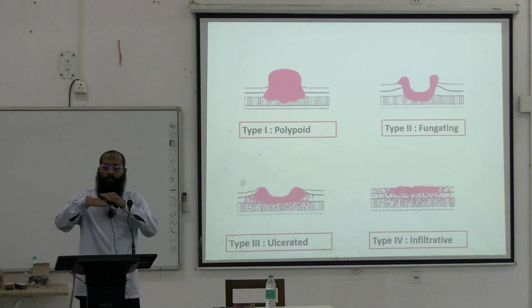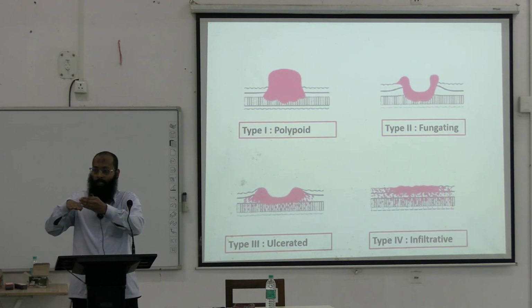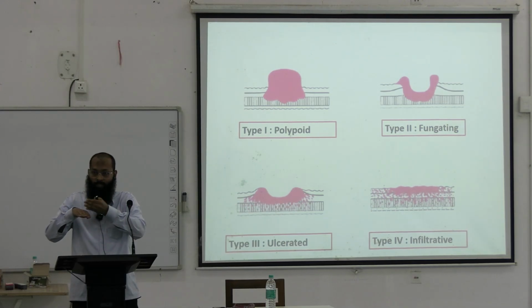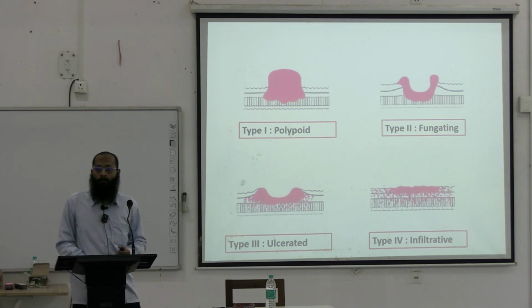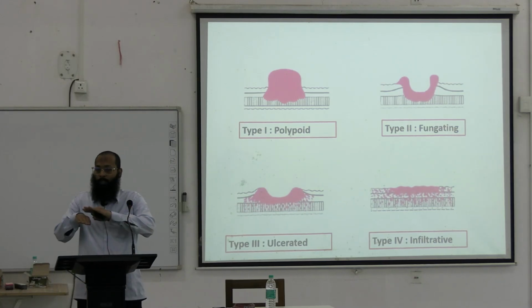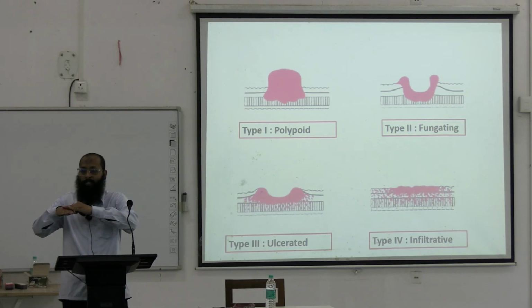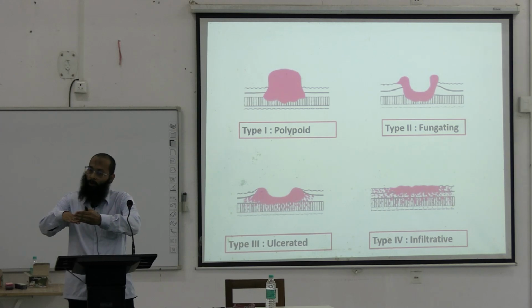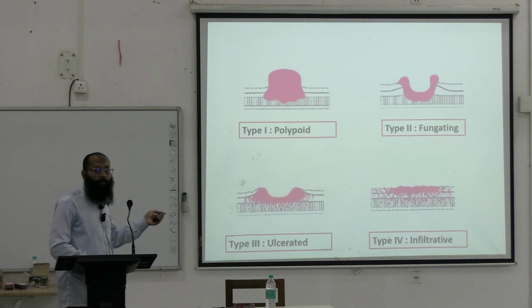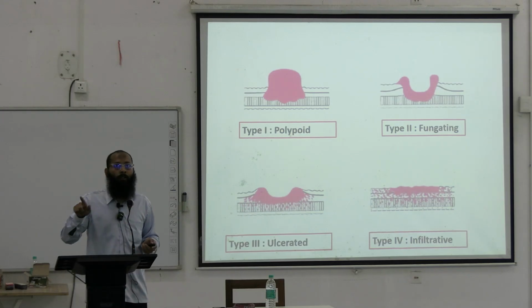That means there is a tumor developing and elevated on the stomach surface. That is type 1. Okay? Grossly, I am talking about grossly, not microscopically. On the surface, the tumor is developing in this way. That is polypoid. Type 1. Clear to all?